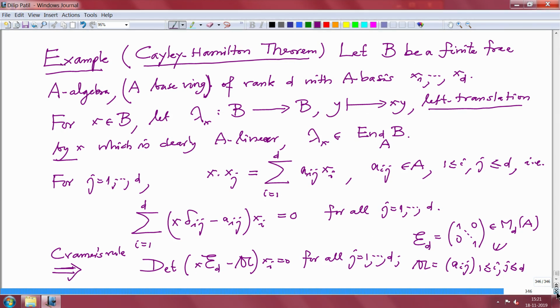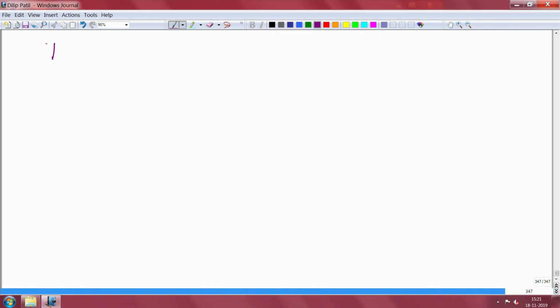Therefore, the determinant of x times E_d minus A is 0. But what is the determinant? This determinant is precisely the characteristic polynomial of lambda_x evaluated at x.